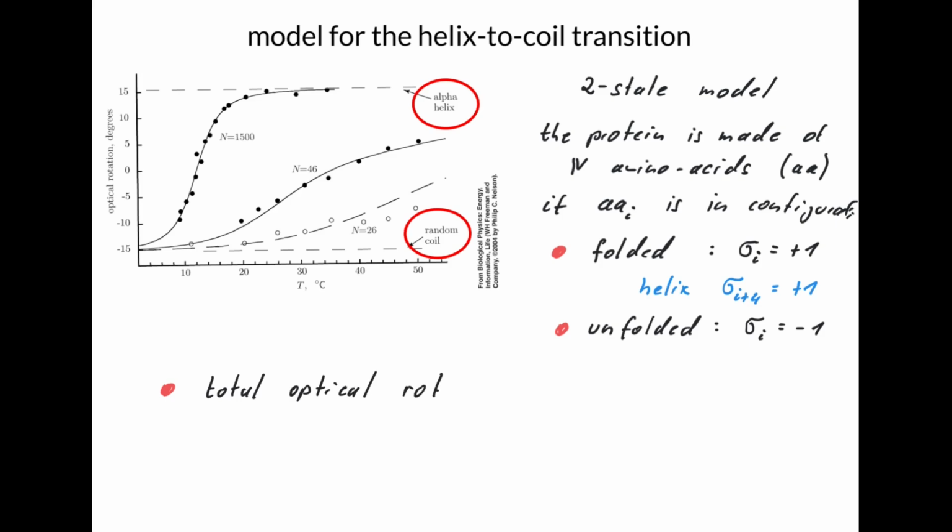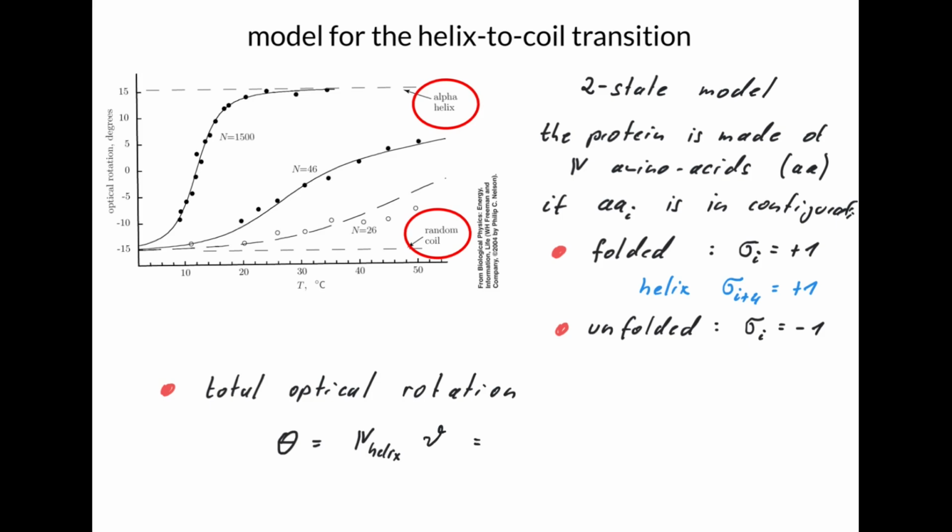Now, from these model assumptions, we can calculate the total optical rotation of the system, capital theta, which is just the number of amino acids that are in the helical state times small theta, which is a number telling me that if an amino acid adds to a helix, it will turn the polarization by a certain amount.